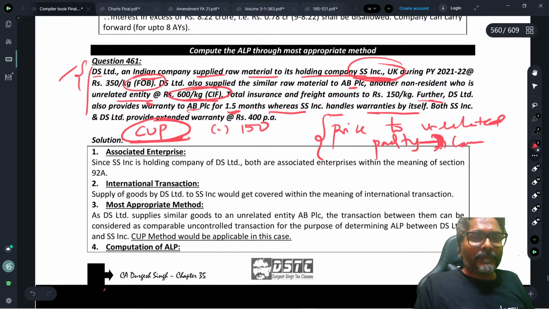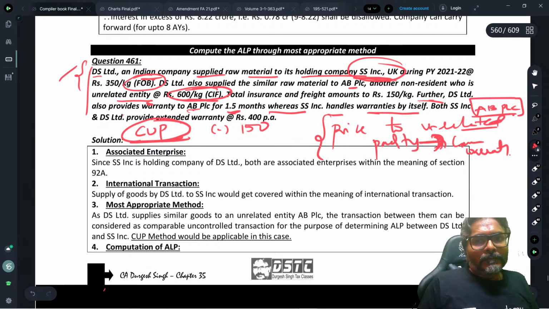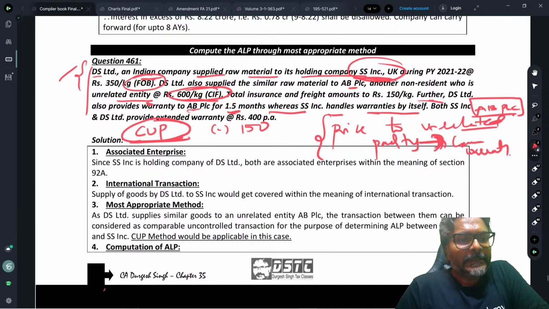Come warranty. Who is unrelated, by the way, students? AB PLC. So the price which is charged to AB PLC, being the unrelated party, is including warranty. Do you all agree?